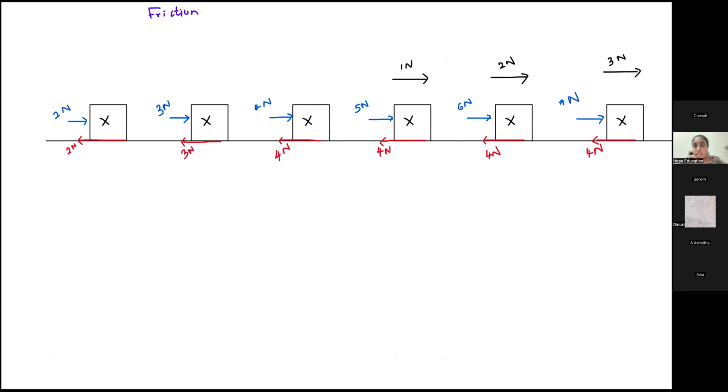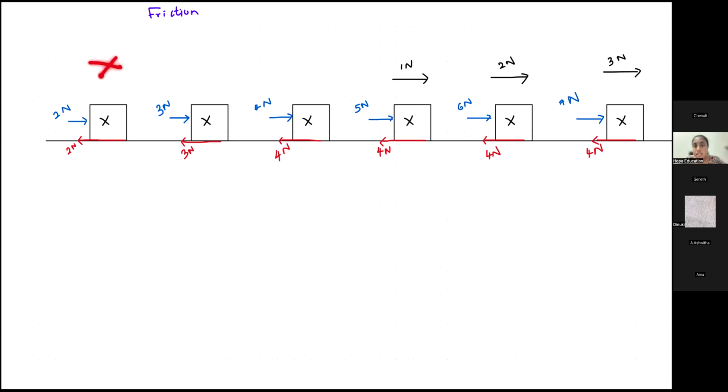So the table gives a resistive force in the opposite direction, trying to stop that motion. That resistive force is what we call friction. දැන් මෙතන මේ red වලින් තියෙන friction. So I gave a 2 newton force. The table gave a friction of 2 newtons in the opposite direction. මගේ 2 newtons අර 2 newtons cancel වෙන හින්දා this object will not move.